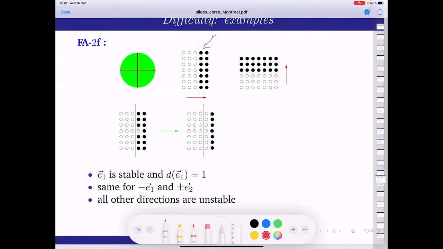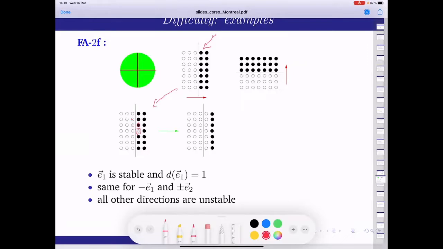Same for the other coordinate directions. But notice that it is enough that I add one additional empty site here. So to this figure, I now add one additional empty site. And then starting from the neighbors of these empty sites, starting from here, I can start to empty because now the constraint is satisfied. I have 2 empty neighbors. Now I can move here, I can empty, and so on and so forth, also below. So I can continue the bootstrap procedure. If I have at least one empty site, I can destabilize the direction.